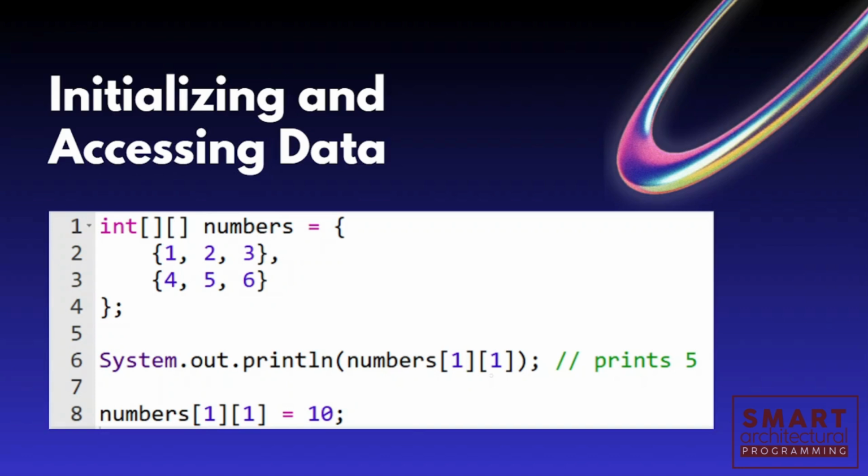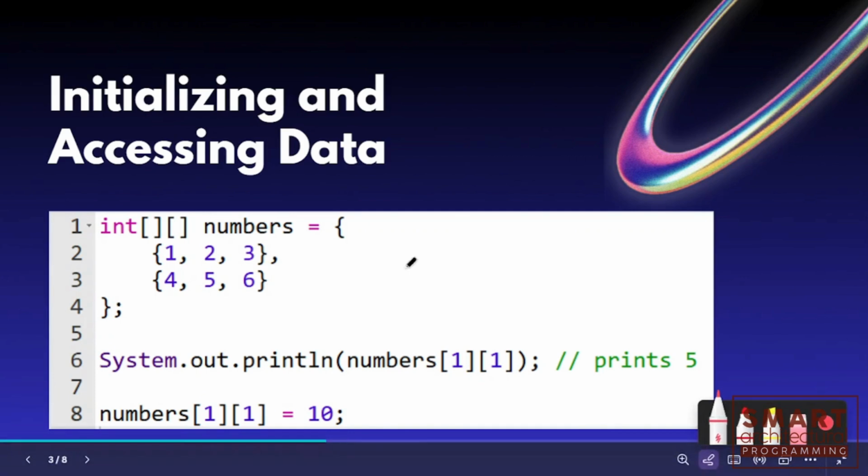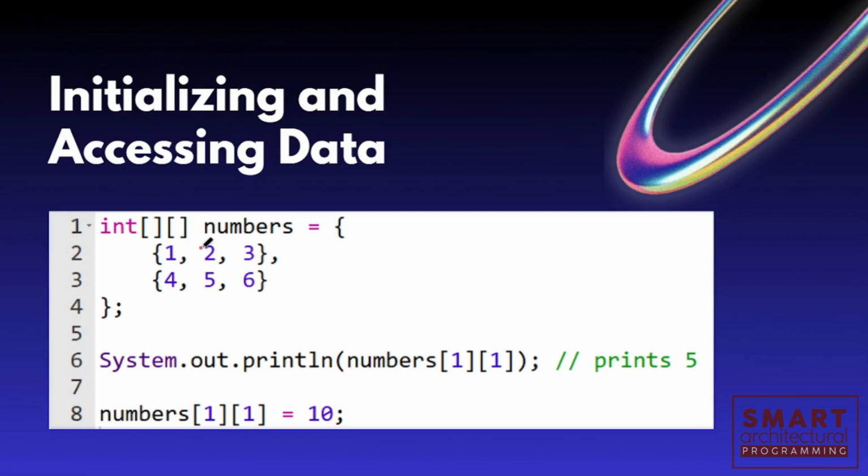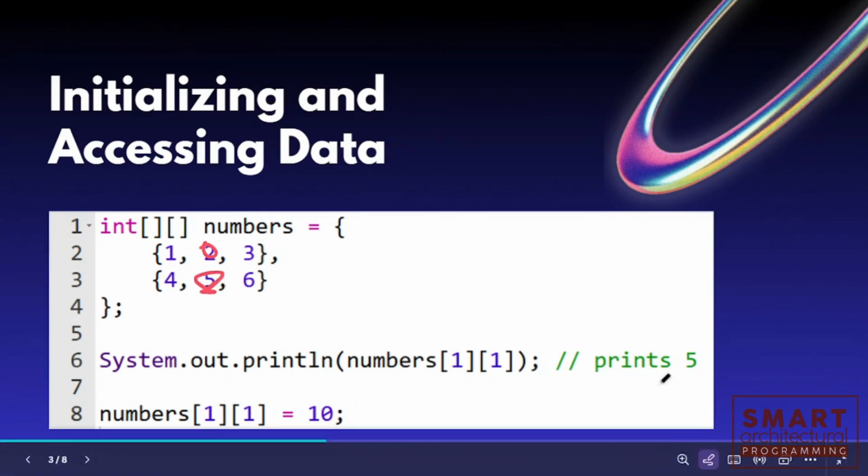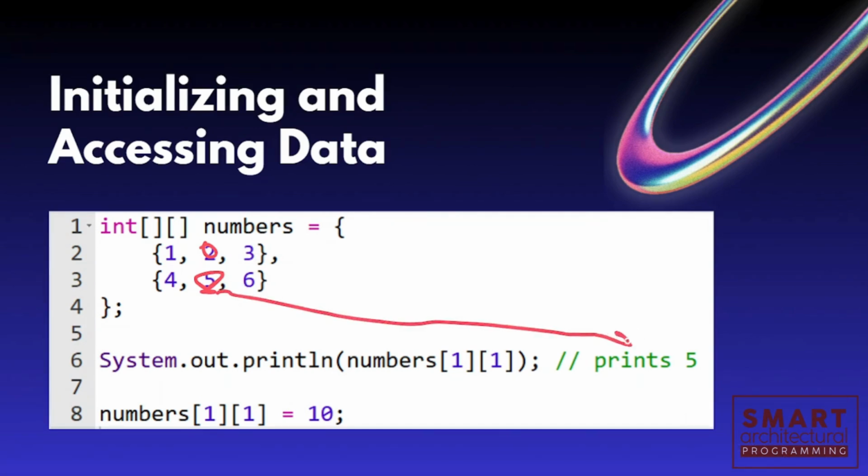Remember, both rows and columns are 0 indexed. We always need to remember that there's 0 indexing of values in computer science. So 1, 1 means this row and this column, so it would be 5 here. That is the value we're trying to access here. So that's how you leverage this.